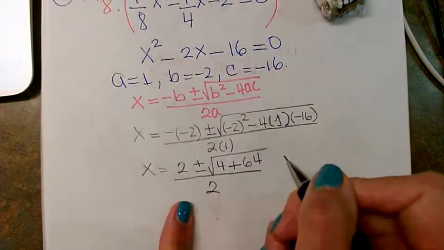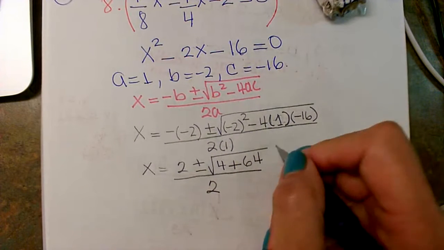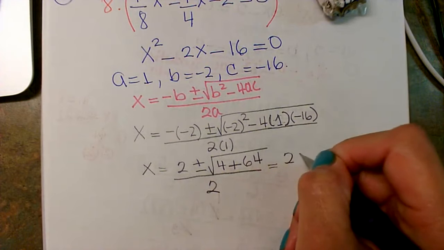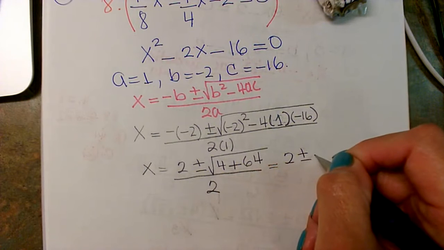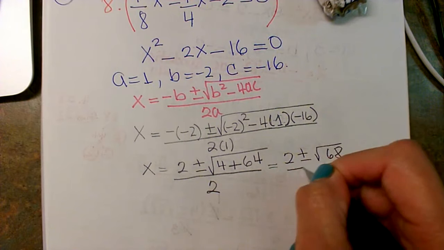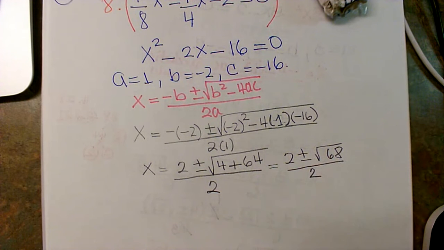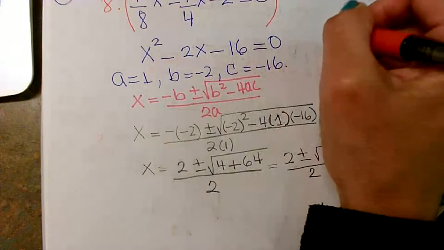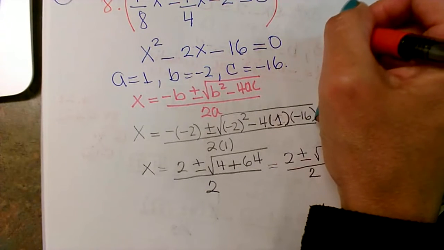divided by 2. So what I get here is 2 plus or minus the square root of 68 divided by 2. Now let's do the 68 just like we did the other number.